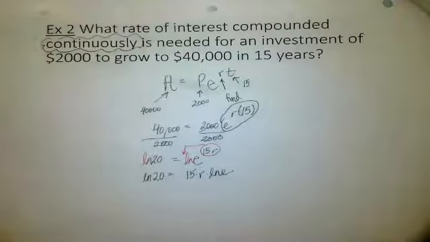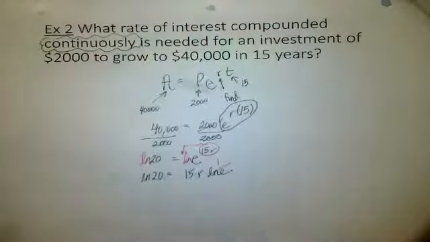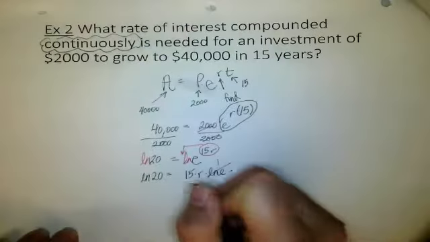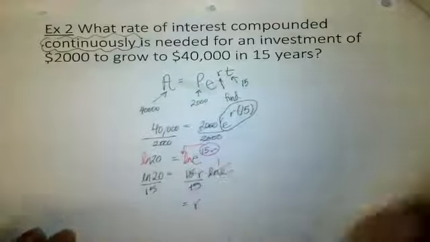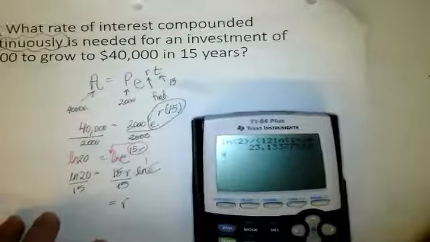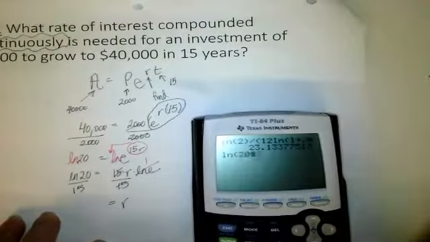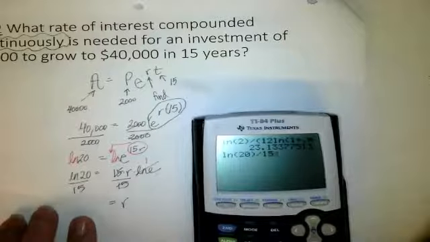What is the natural log of e? 1 always, so that's nice. So how do you get R by itself? Divide by 15. So R equals the natural log of 20 divided by 15. Again, watch your parentheses when you do that: natural log of 20, close the parentheses, and then divided by 15.